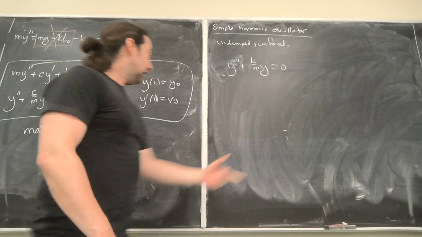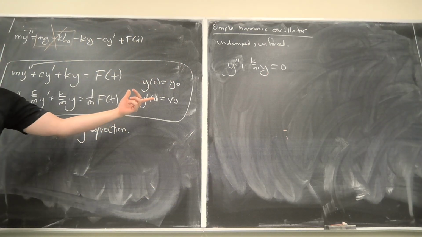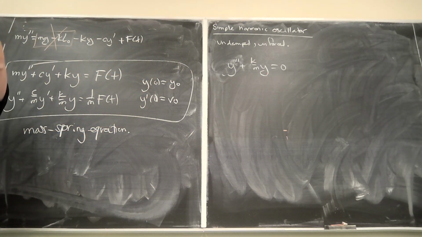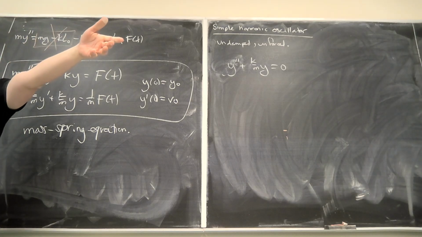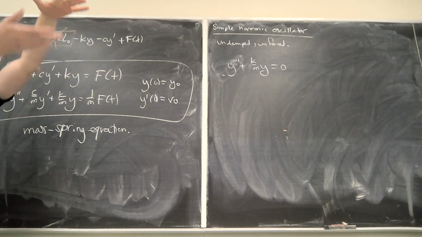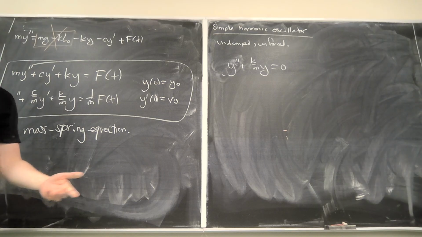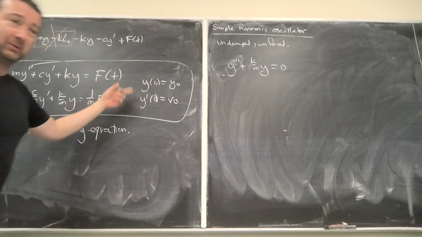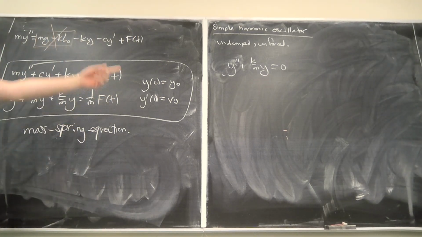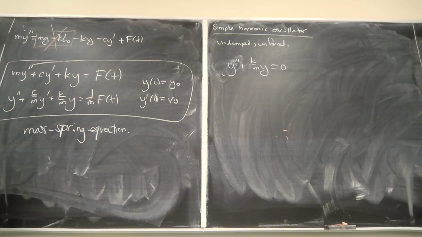But remember, I'm allowed to induce initial conditions. If I roll up to you with a spring and a mass, and you don't touch it, yeah, it's just going to sit there, right? But if you take the mass and you stretch it and then you throw it, it's going to move, right? And that's what these are supposed to take care of. Yeah, the equilibrium position is don't touch it. And the solution is not very interesting in that case, which is y equals 0. It doesn't move.